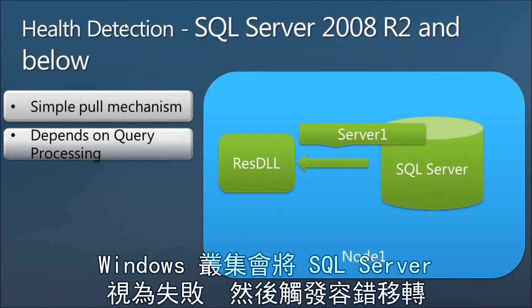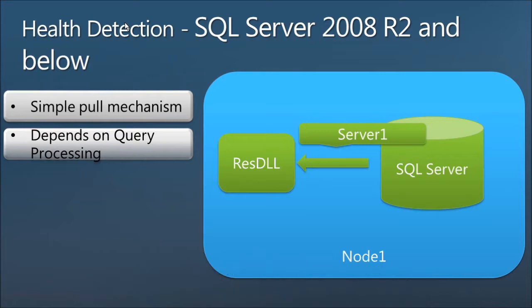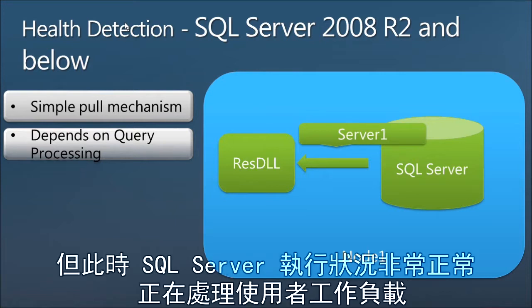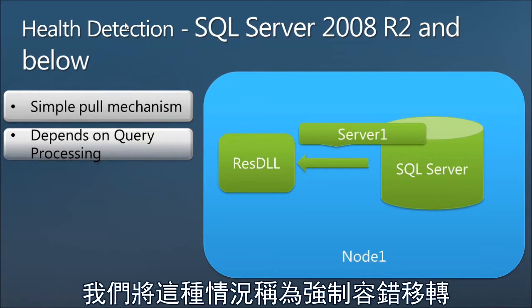Then the Windows cluster will consider the SQL Server as failed, and trigger a failover. But at this time, the SQL Server is very healthy and busy with the user workload. So we call this a false failover.